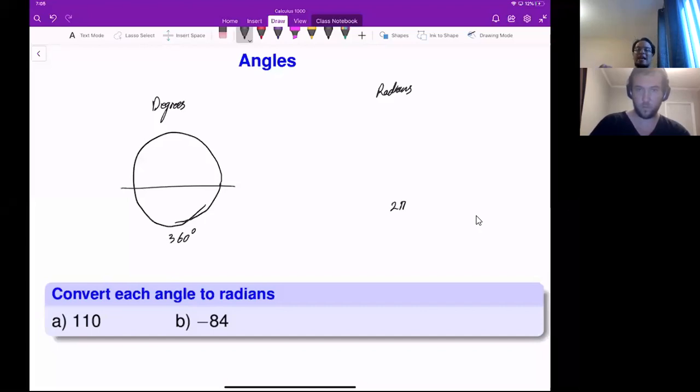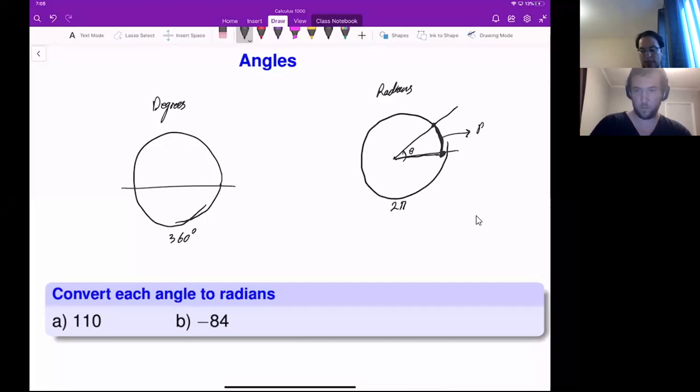Well, radian has a nice meaning, which is, if you have an angle, you make it a central angle in a unit circle, then the length of that piece of circle determined by that angle is what the radian is.